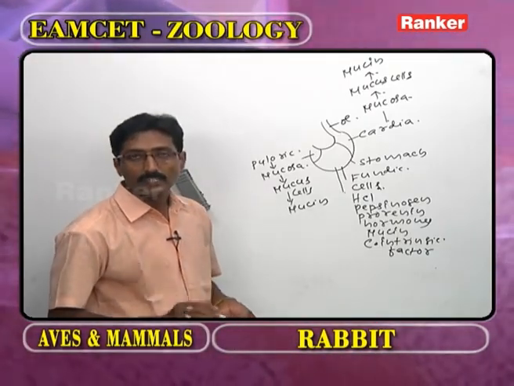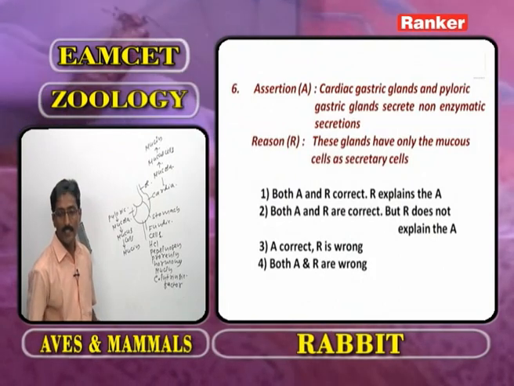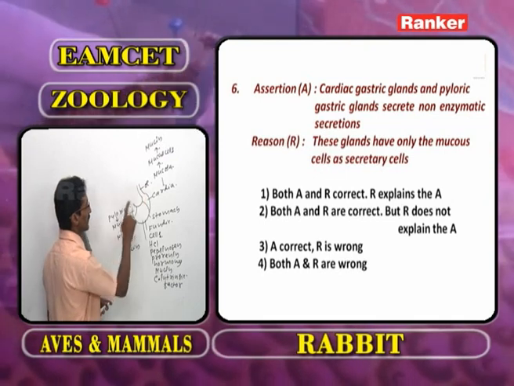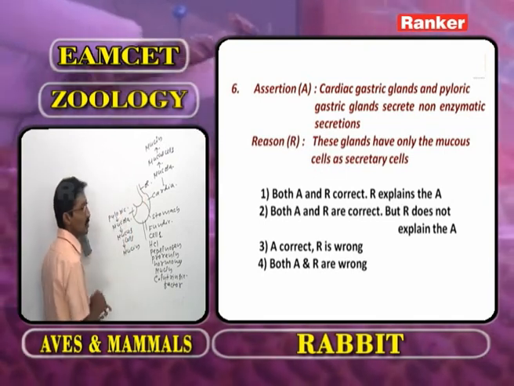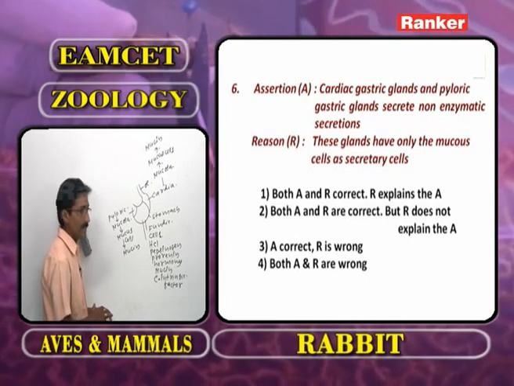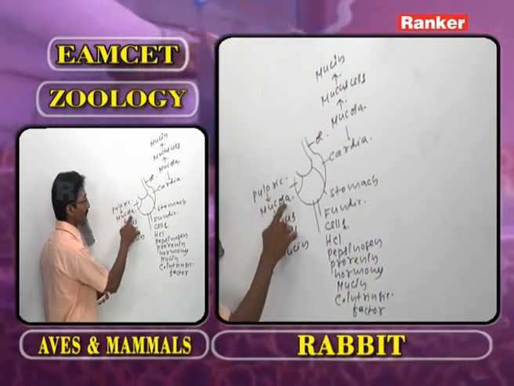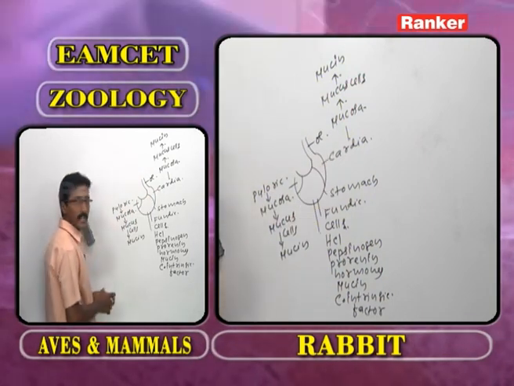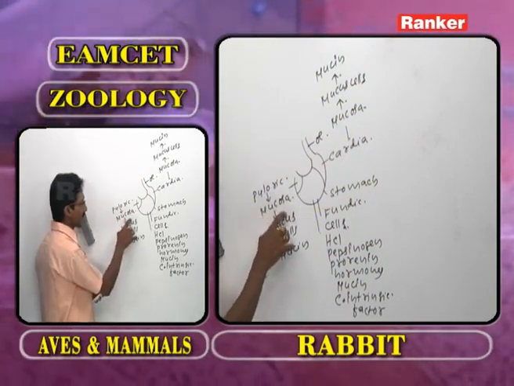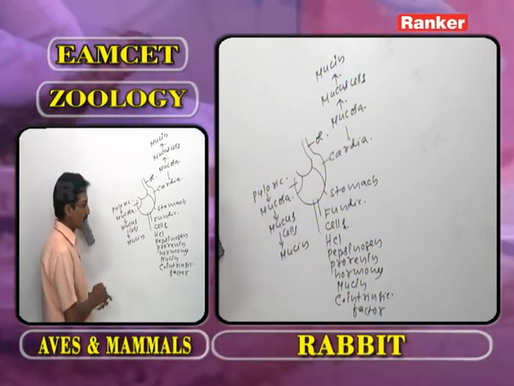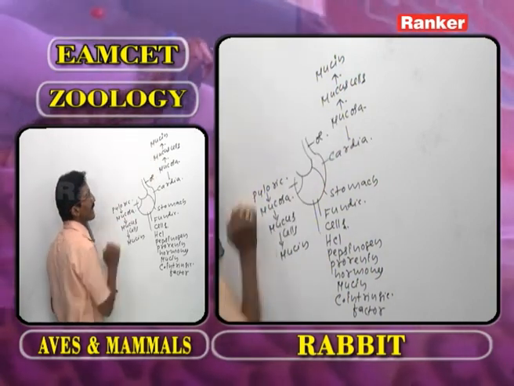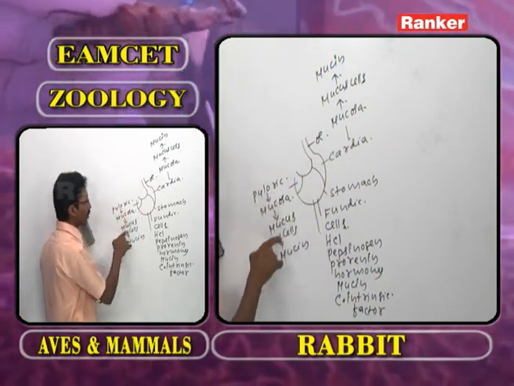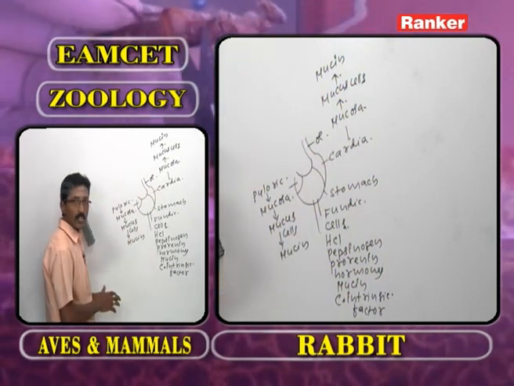Regarding the assertion, in the cardiac stomach as well as in the pyloric stomach, the gastric glands are present. Where are gastric glands present? In the mucosa. In the pyloric and cardiac stomach, the gastric glands have only mucus cells, which secrete mucin.